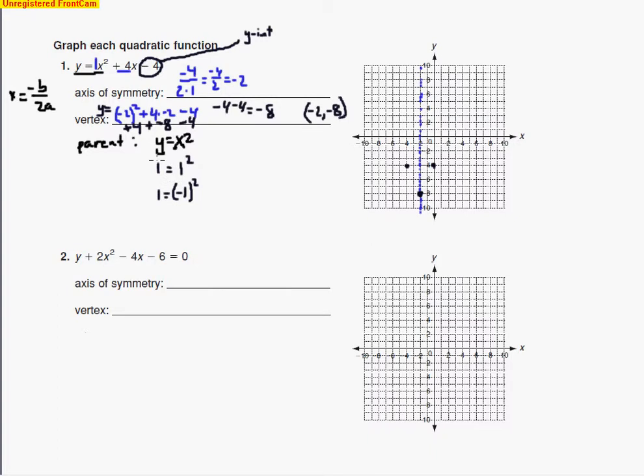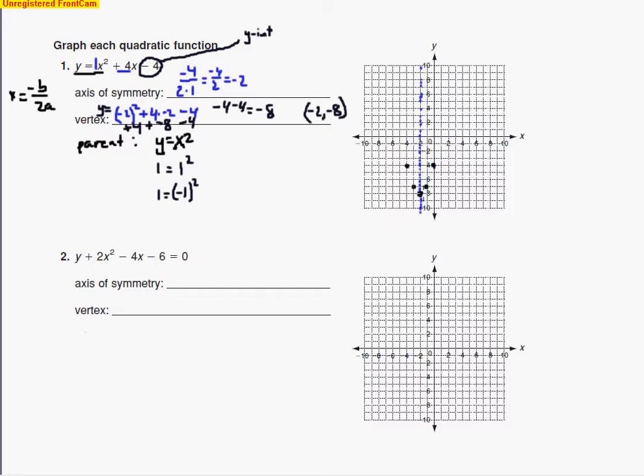So each time, if I go from the vertex, and let me change the color, over one space to the right or to the left, I'm going to go up one space in the y direction. So if I go over to the right, I go up, and over to the left, I also go up.